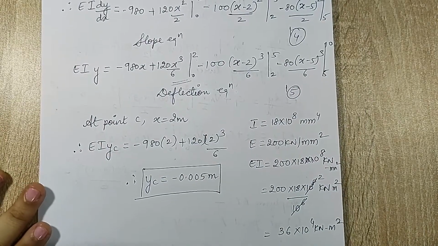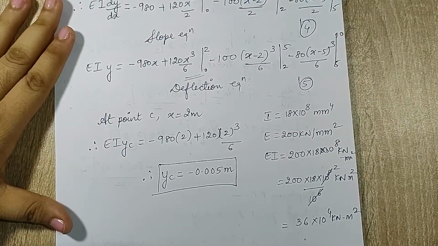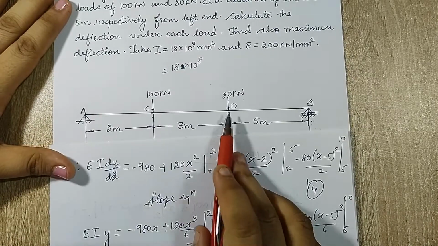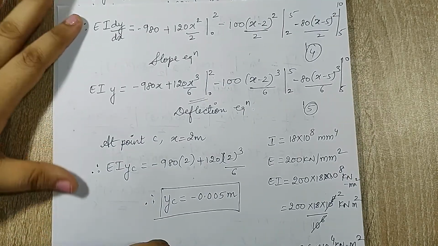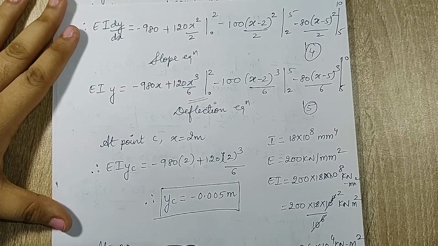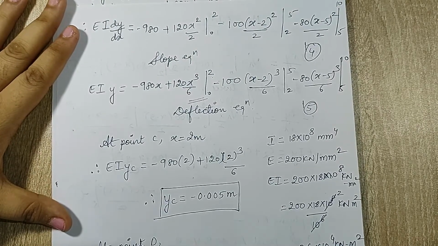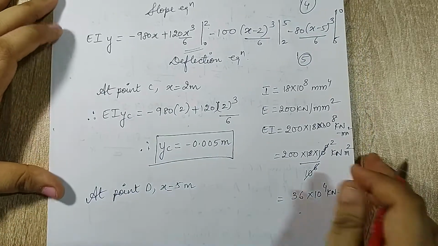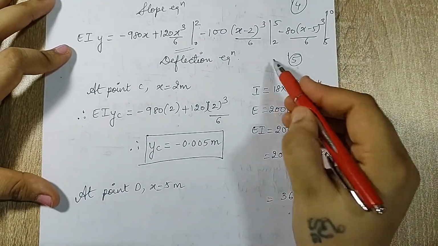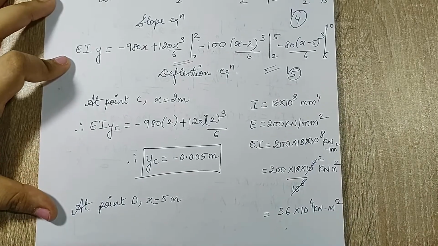Next, I am supposed to calculate the value of deflection at point D. When you look at point D, here the value of x is 5. So I'll write down at point D, x is 5 meter. Now for x is 5 meter, I will write the equation till here for deflection.